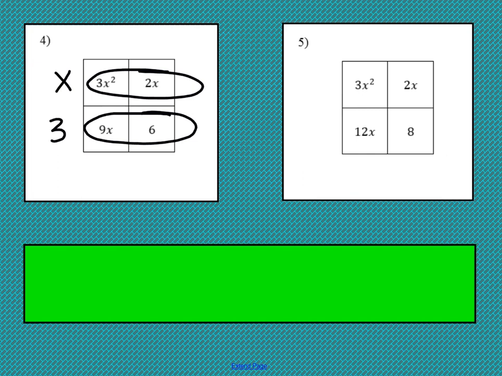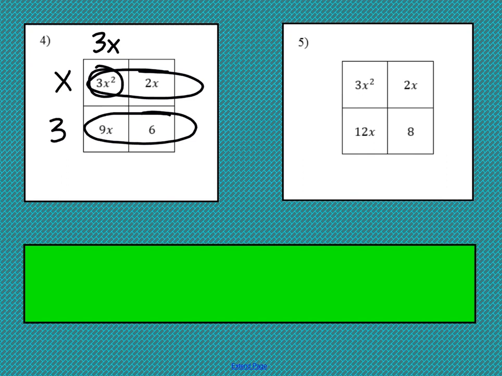Now I have to do a little bit of fun puzzle solving here. So I'm asking myself, to get that 3x squared, x times what would give me 3x squared? It's going to be 3x. I do the same thing over here.